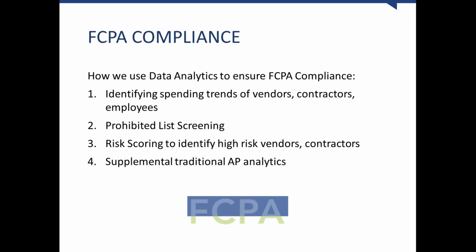All right, and how we use it, as I just mentioned, is we use analytics to identify the spending trends of vendors and contractors, employees. We look at prohibited list screening. And what I mean by that is we use a product called World Check, and we have a feed from it.